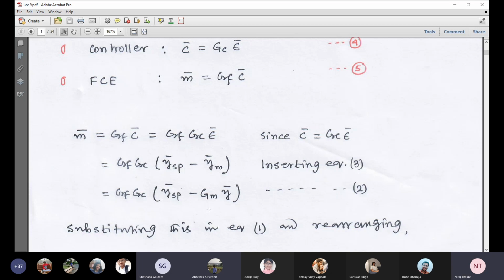Yes, sir. 1 plus GM GC GF. No, in the denominator, one transfer function is missing. Just recheck. Sir, in the denominator it is 1 plus GF GC GM GP. Yes. In the denominator, you will get 1 plus the product of all 4 transfer functions. All 4 means excluding GD.